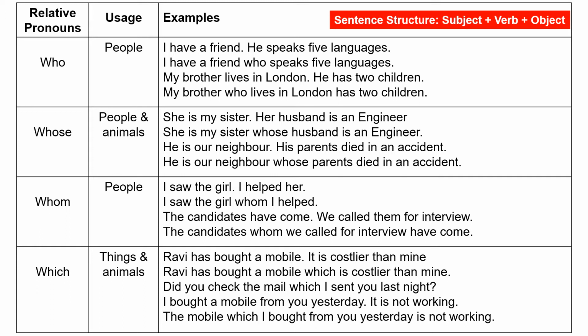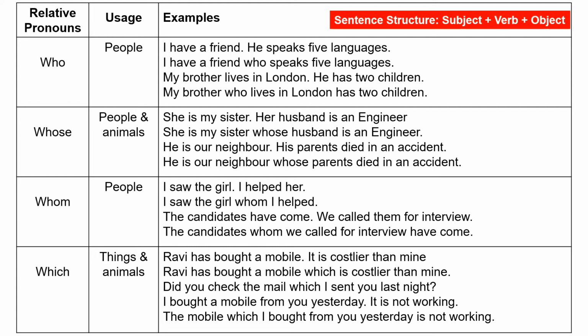Now we will connect these two sentences with the help of whose. Let us take the first sentence as it is. She is my sister. And in the next sentence we will remove the subject her and in the place of her we will use whose. She is my sister whose husband is an engineer.